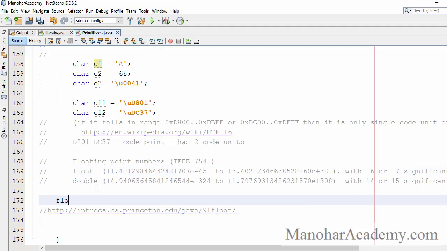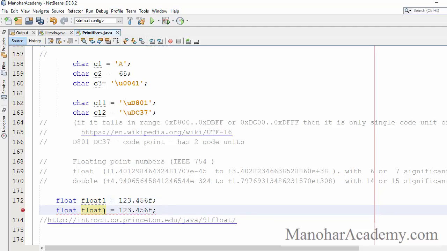Float 1 equal to, let's not get confused, let's write 123.456f. I can write this, or I can write float 2 in the other form, 1.23456E2f.